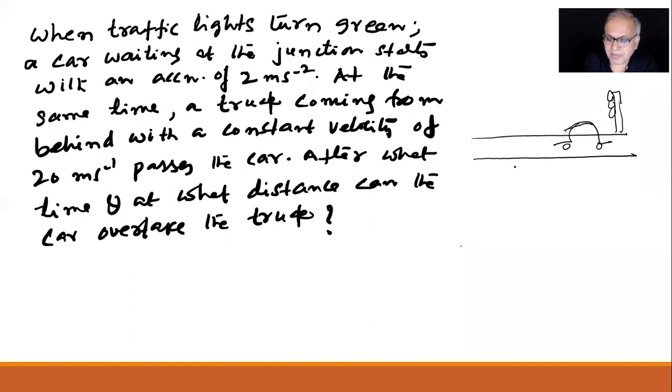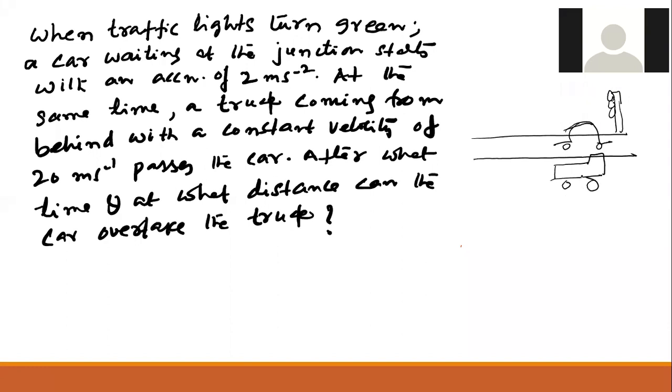And the truck is coming from behind. Whether you draw it physically here or don't draw it, but imagine in the mind, this process of visualizing has to be gone through in your mind to do physics problems.